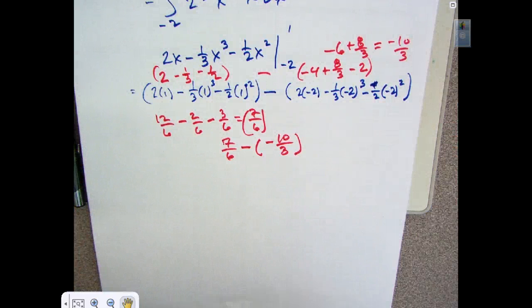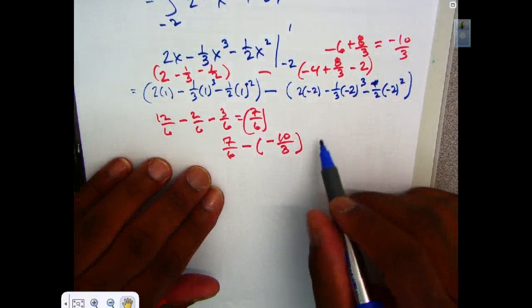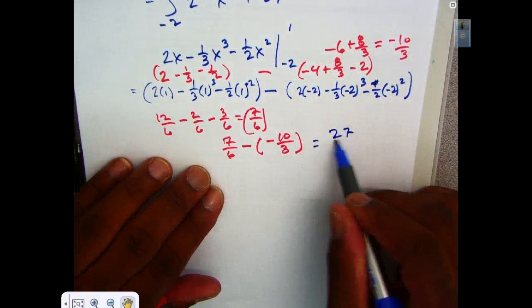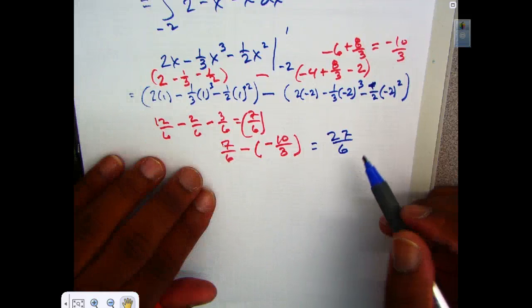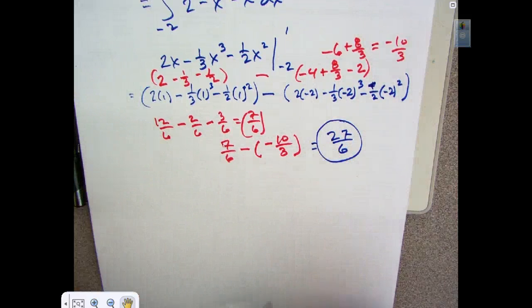So 7 over 6 plus 20 over 6, 27 over 6. Is that right? I think it's right. I hope so.